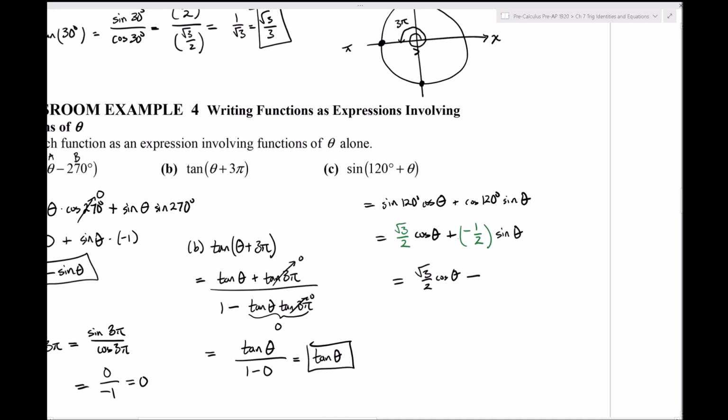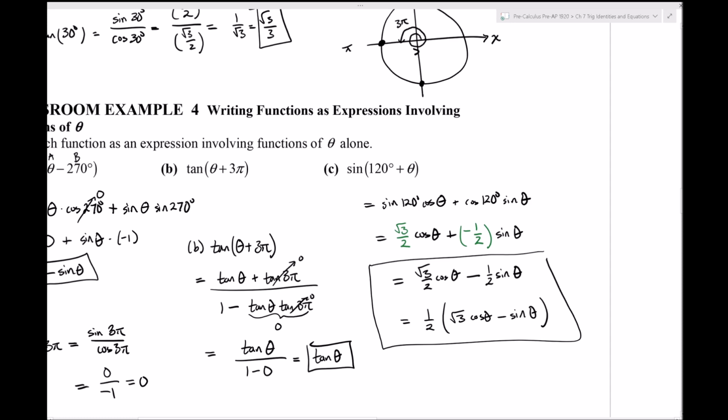The only thing I can do is change it to a -1/2 sine theta. If there's anything else I might be able to do, it's maybe factor out the 1/2 if I want to, but there's no need for that. Either of these two are fine. And that's it for example 4, unless there's a part D, but I don't think there was a part D.